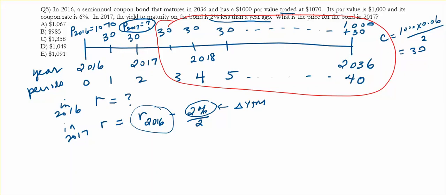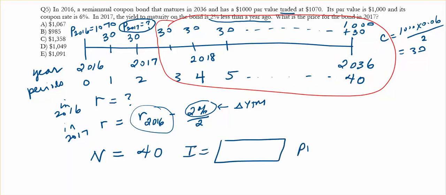Alright, well let's get to work with first finding this. So in the financial calculator, I will put in the total periods, 40. I want to know what's the interest rate. The PV is negative 1070, the PMT is 30, and the FV is 1000.